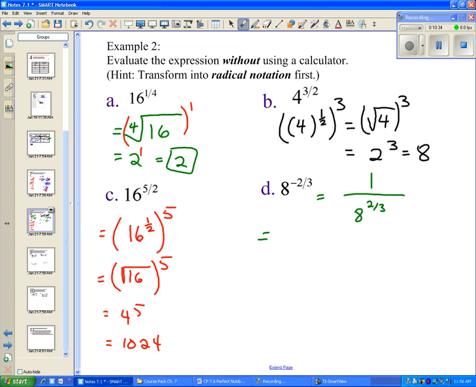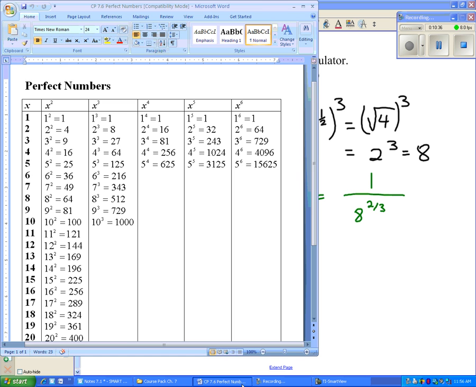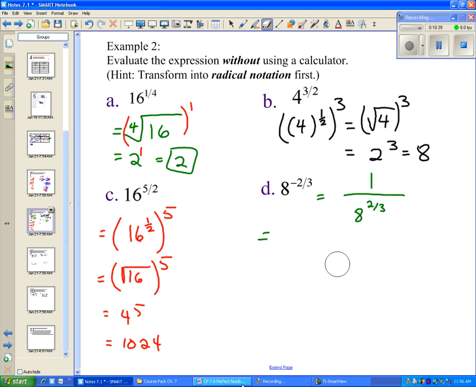I'm then going to go ahead and write this as, again, what's easier, 2 to the 2nd or the cube root of 8? Well, for me, the cube root of 8 is easier.